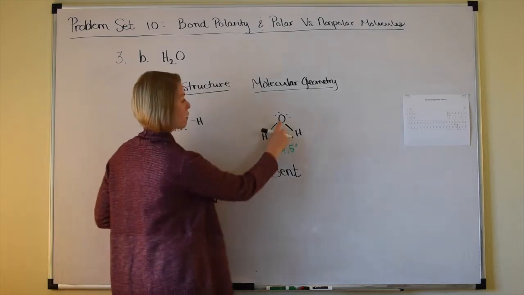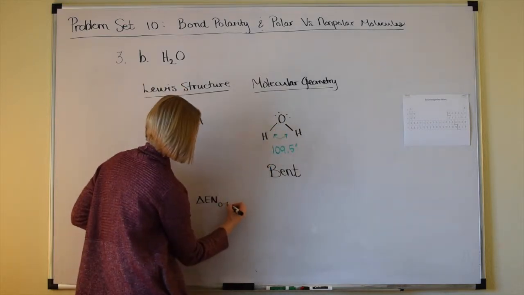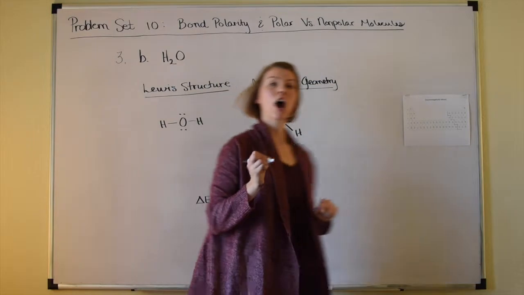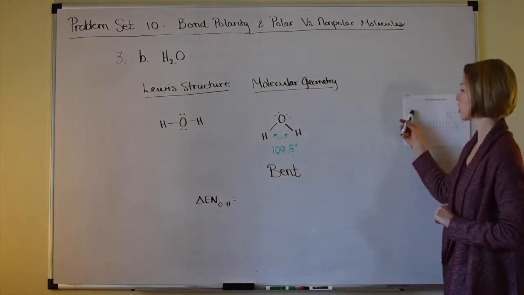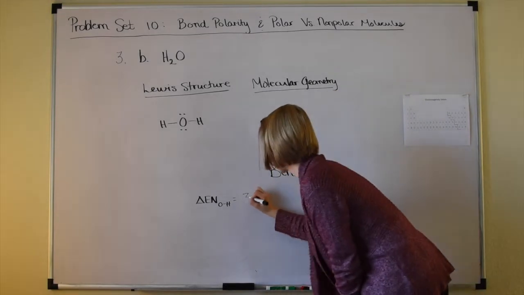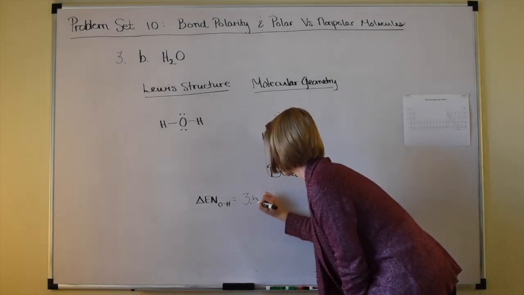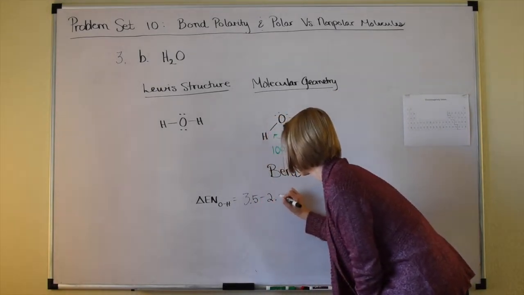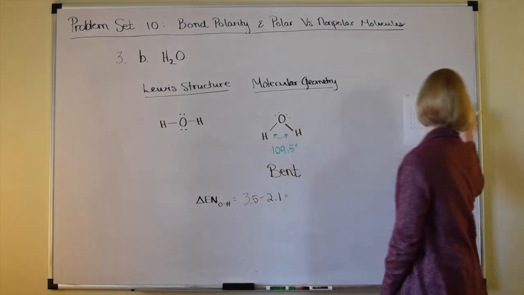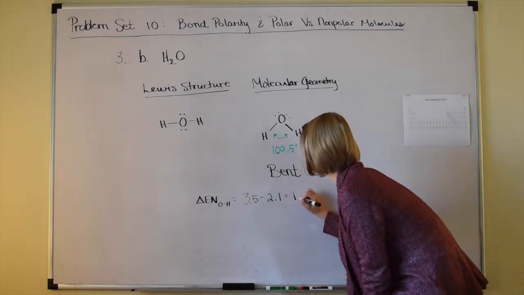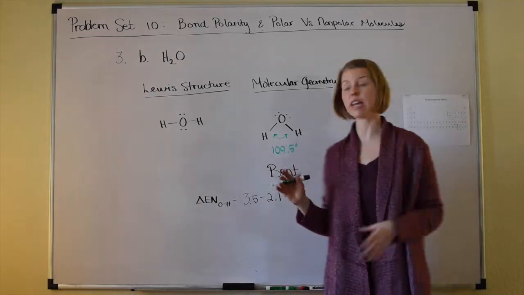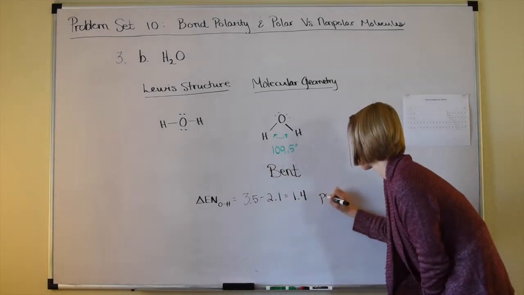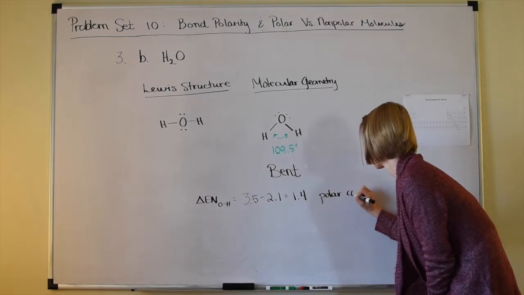We're going to calculate it for an OH bond. Oxygen is 3.5, hydrogen is 2.1, so we've got the difference between 3.5 and 2.1. And we get 1.4. That is definitely in the polar covalent range, so these bonds are polar covalent.